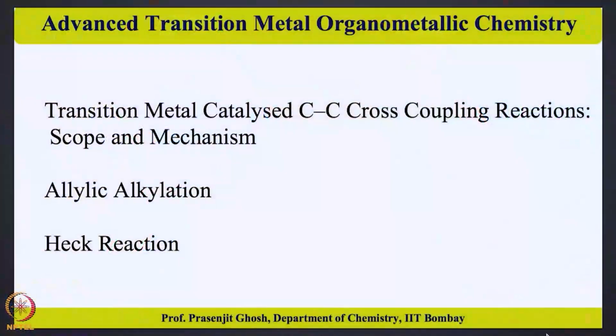And from that perspective, we have looked at various kinds of C-C bond forming reactions. These C-C bond forming reactions can also be used for cross coupling reactions, and we have looked at all of them. And what stands out is the ability of palladium in all of these reactions to carry out these reactions in a very selective fashion, and in a very high yielding selective fashion.